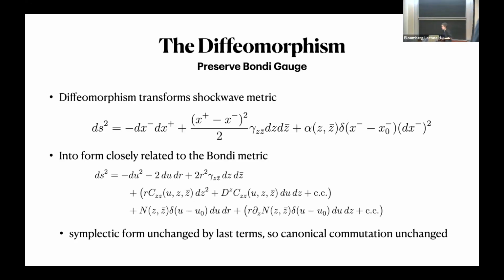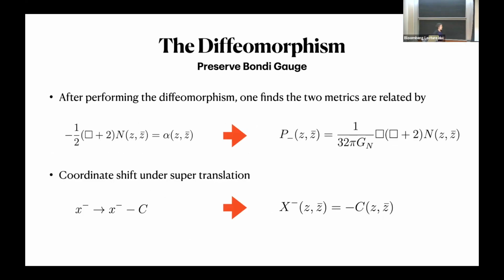We get the same symplectic form. So now that diffeomorphism allows you to relate the quantities on the memory side of the metric to the quantities on the shockwave side of the metric, and therefore the momentum of that incoming particle to the news associated with the gravitational radiation. And likewise, there's an even simpler relation.